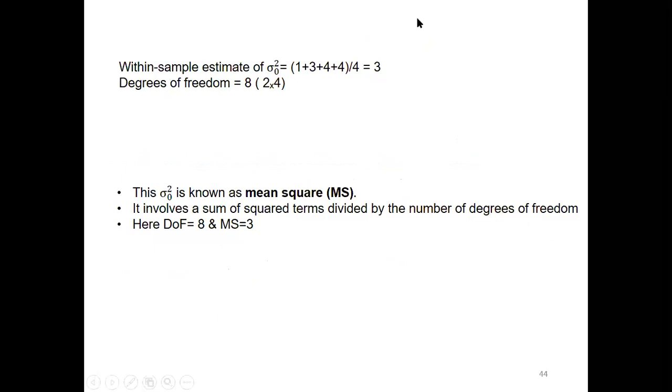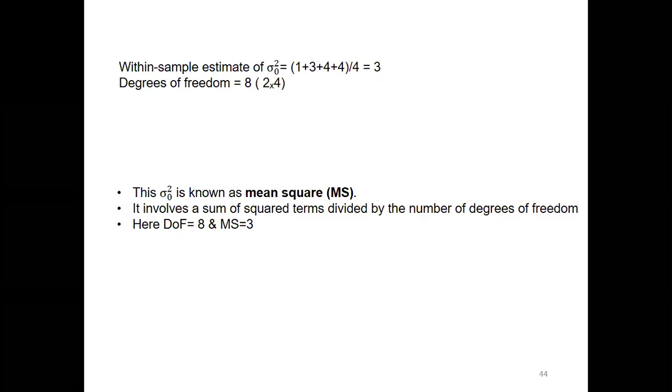Again, degrees of freedom is 8, mean square is 3. So this is how to calculate the variance within sample.